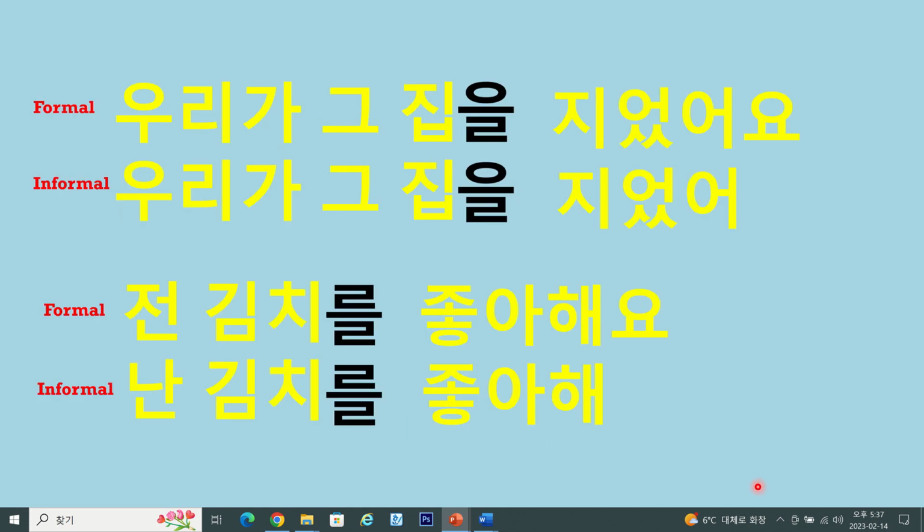So, formal sentences: 우리가 그 집을 지었어요, 전 김치를 좋아해요. Informal: 우리가 그 집을 지었어, 난 김치를 좋아해.